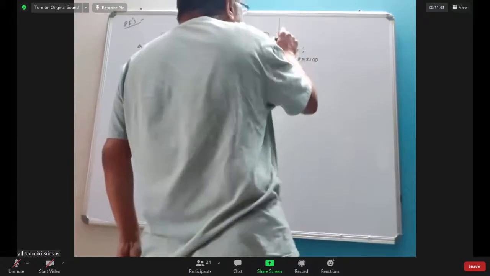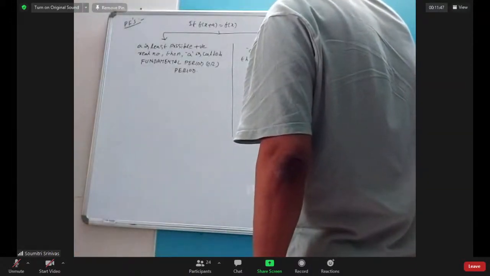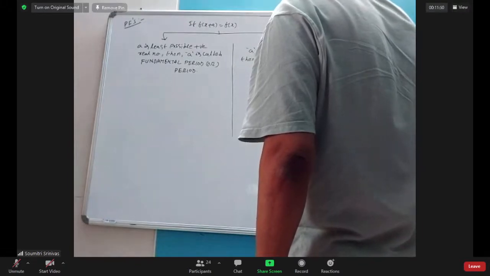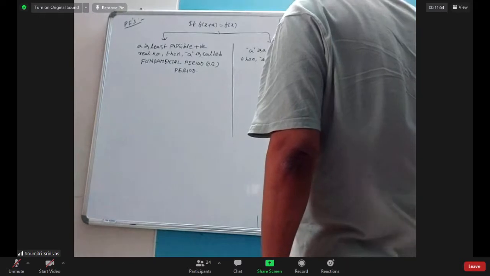Geometrically, what do you mean by period? Length of the interval.